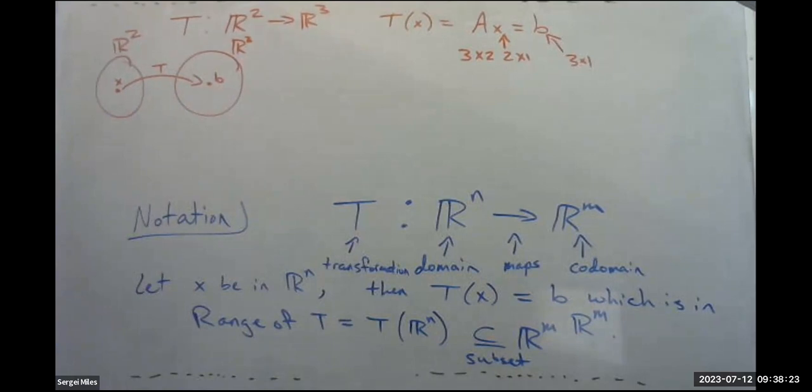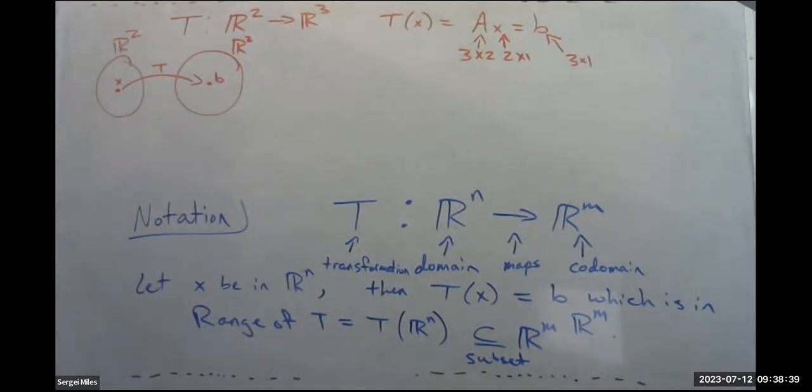Kind of a shortcut, if you remember it this way, flip them. That's what dimensions A must have. So A is a 3 by 2. And I haven't told you anything else about A.